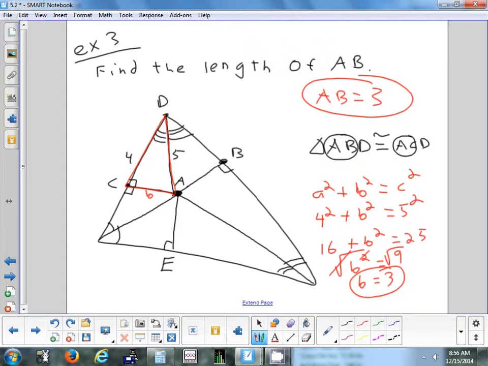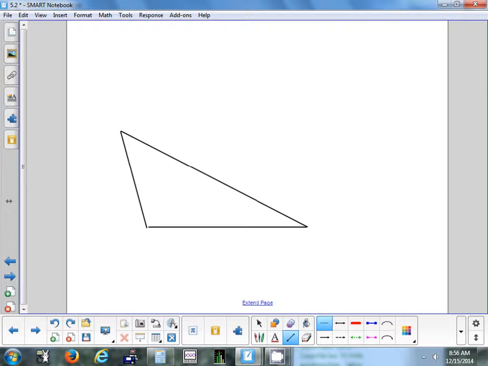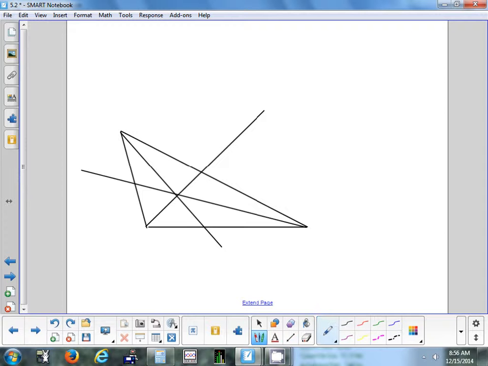How do you draw the in-center? How would you draw it? Like how do you show where it is? So the only way to show it is if you get your triangle, something like that, and draw in all your angle bisectors, like that, like that, and like that. And the way that you show that it's an in-center is you mark those angles congruent.